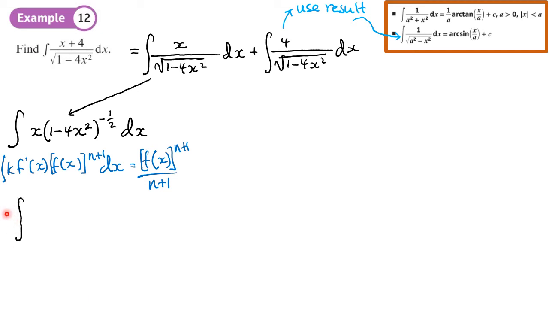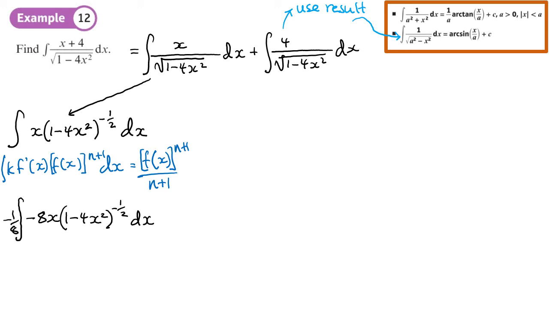So if we write negative 8x times 1 minus 4x squared to the negative a half, okay, so this differentiated here does give you negative 8x, but to make it balance I'll need to put negative 1/8 there.